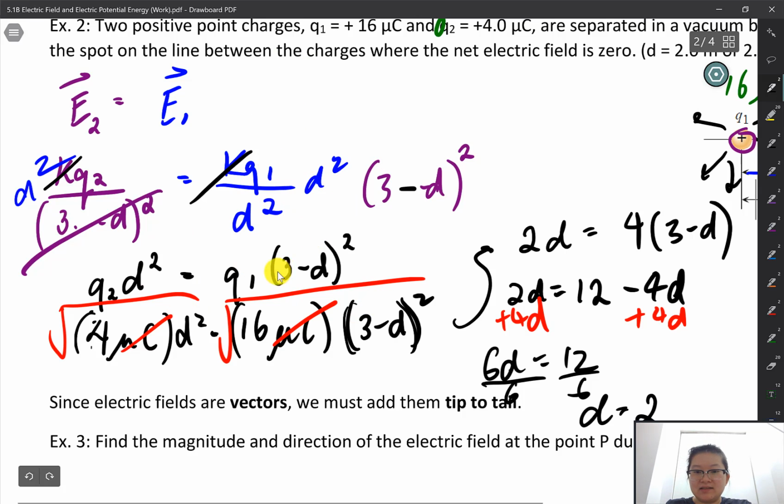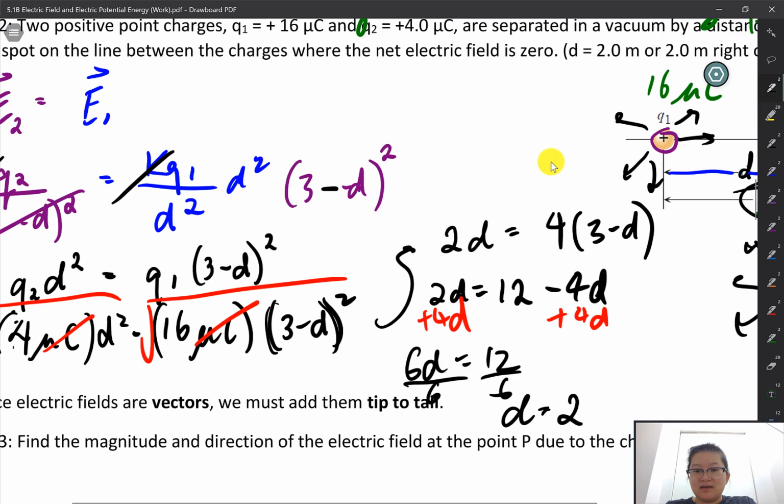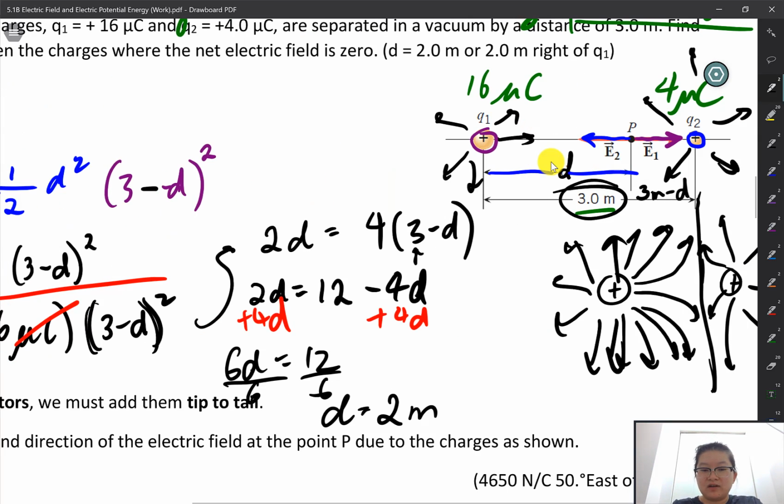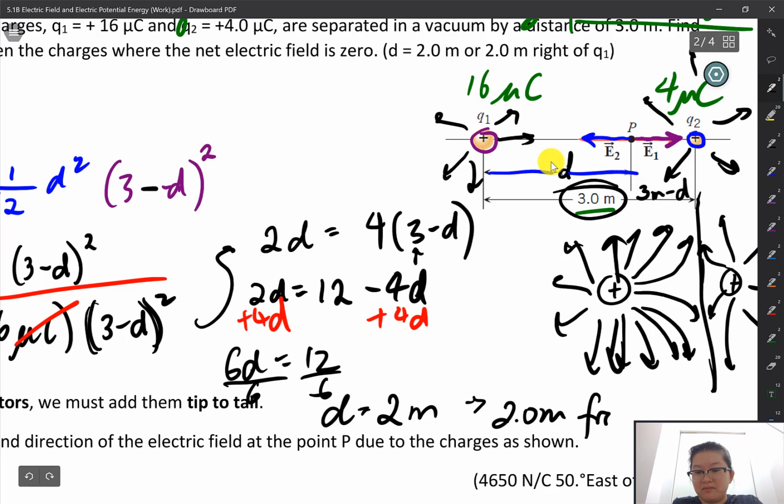Since the original measurement was in meters, since this 3 was measured in meters, then this must give me 2 meters as well. So d is 2 meters, and using significant figures, this is 2.0 meters from Q1. That's assuming that d is somewhere in between Q1 and Q2.